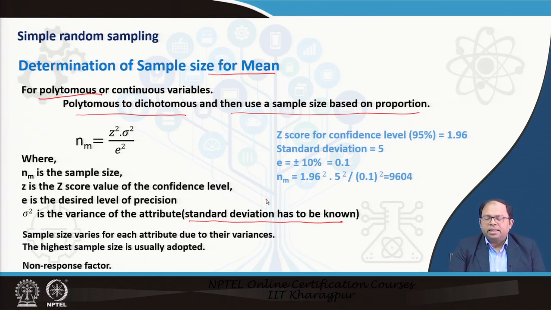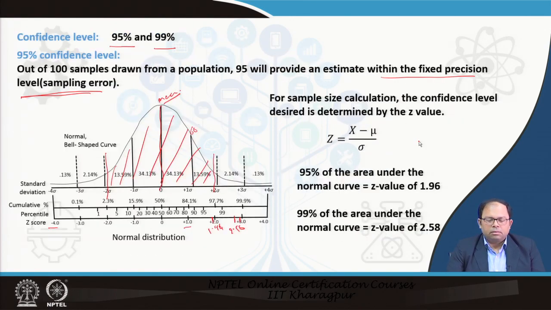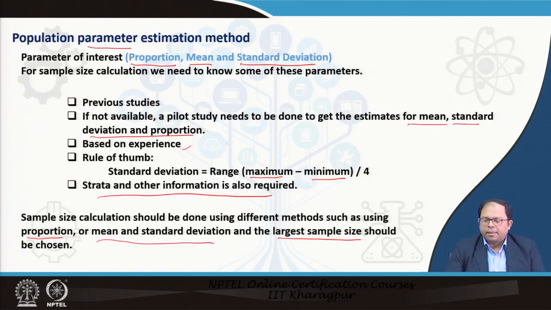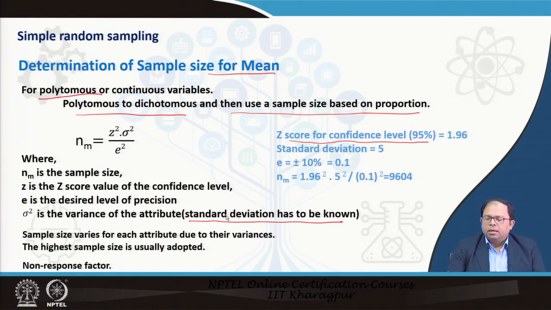Here the z-score for confidence level 95%, based on our previous figure, is somewhere around here, because 95% of the observations are within this range. So it is around 1.96, which is why I have chosen 1.96.